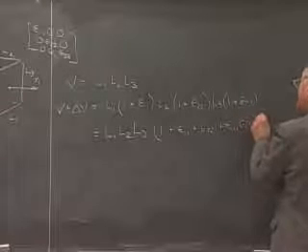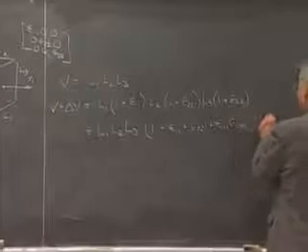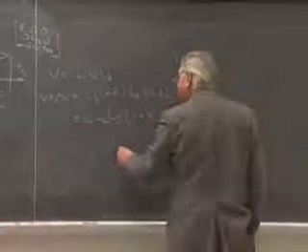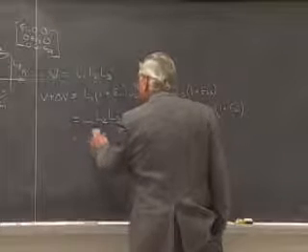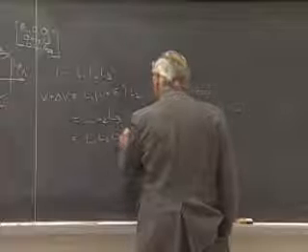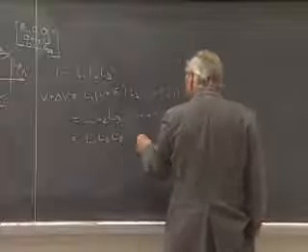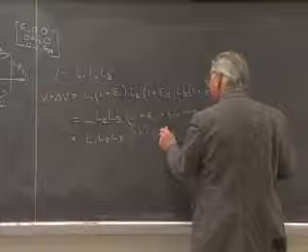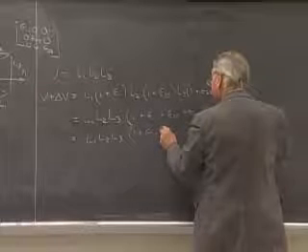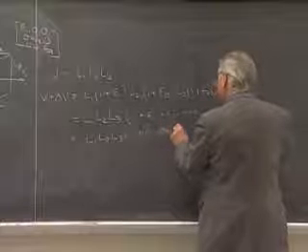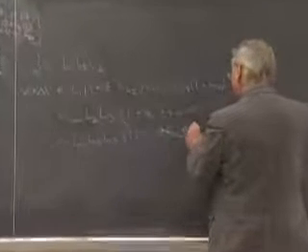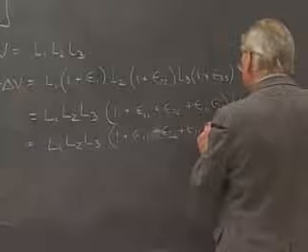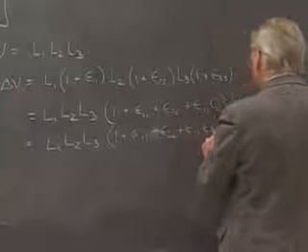And this will be times 1 plus epsilon 3,3. And if I carry out that multiplication, that will be 1 plus, and I'll get exactly these terms again, epsilon 1,1 plus epsilon 2,2 plus epsilon 1,1 times epsilon 2,2.